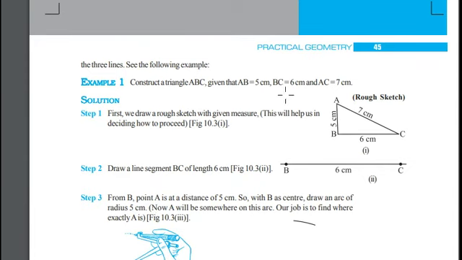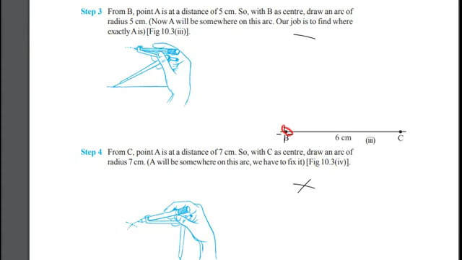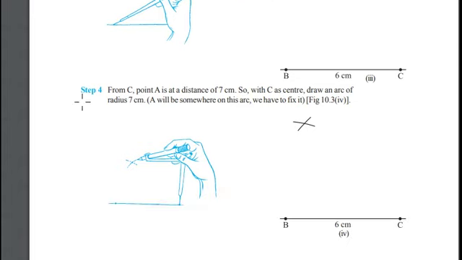Here we can see the length of BA or AB is equal to 5 cm. So with B as a center, draw an arc. A will be somewhere inside this arc. Now we need to find where exactly the point A is. For that, follow the step 4.